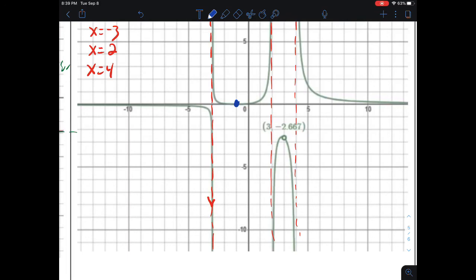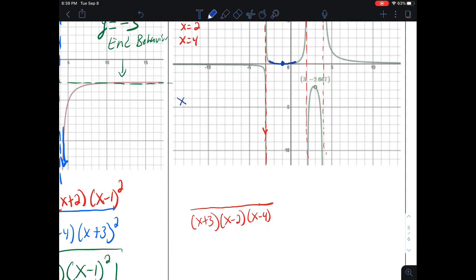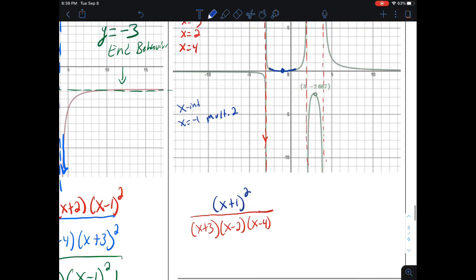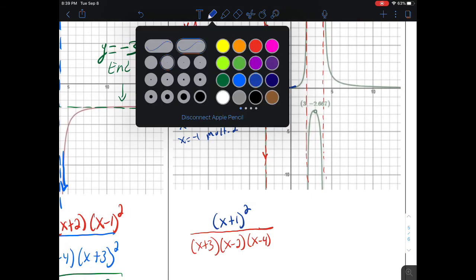Since the function touches and doesn't change sides there, that multiplicity is 2. So we have an x-intercept at x equals -1, multiplicity of 2, which means we take that factor, x plus 1, and we square it. There's no other x-intercept, and so we're done with that part.